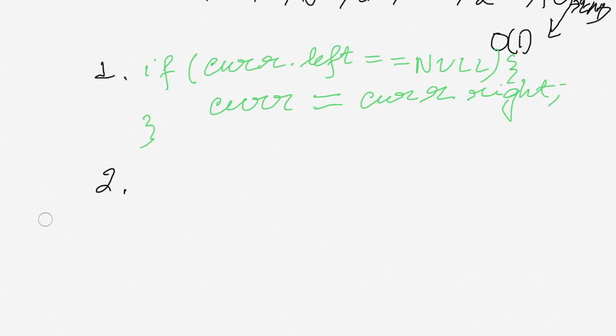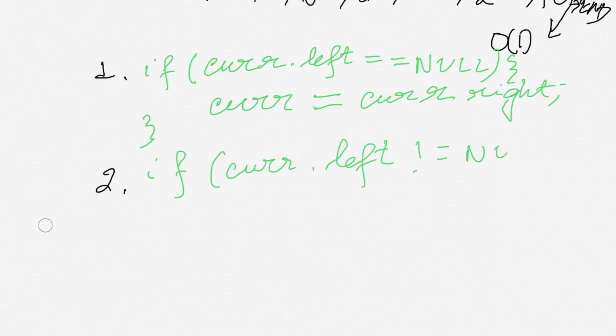What is the second scenario we can have? The second scenario is obviously when the current node has a left subtree.